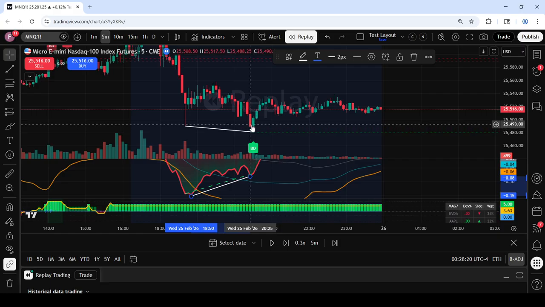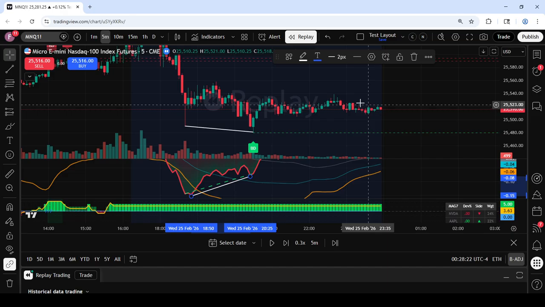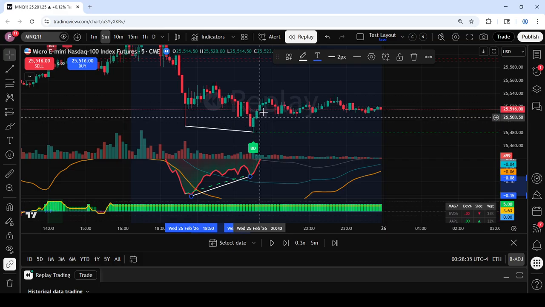You get in right there. You could be holding it still, but you could sell right up here. Nice quick 50 point, 40 point move, just to get a quick scalp in here. Yeah, Asia session doesn't always last long.